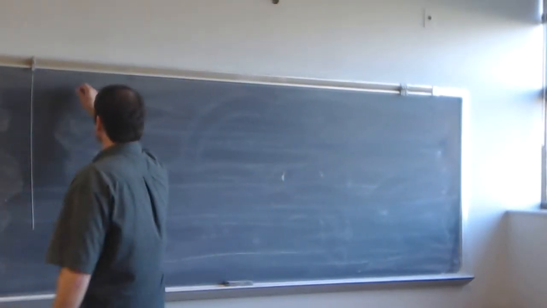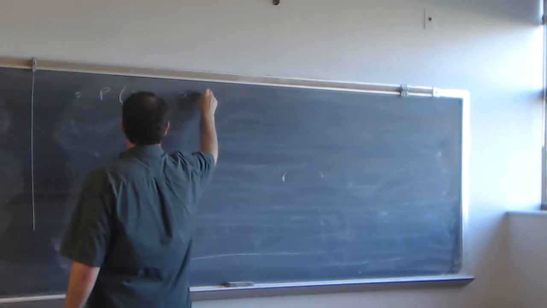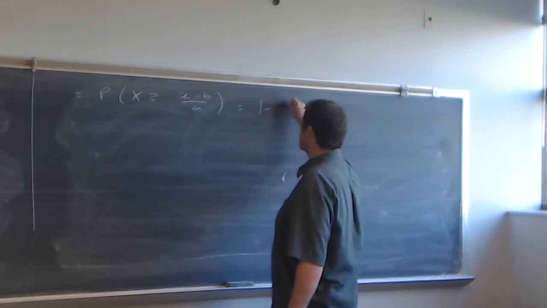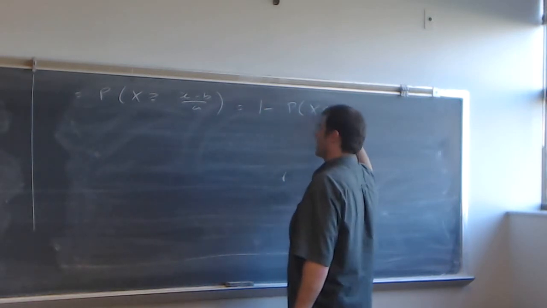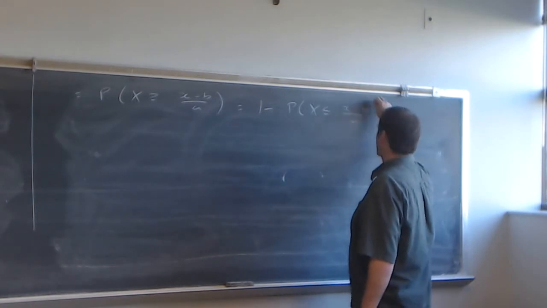Okay, so that's equal to the probability that X is greater than or equal to x minus b over A. Well, that's equal to 1 minus the probability that X is less than or equal to x minus b over A.